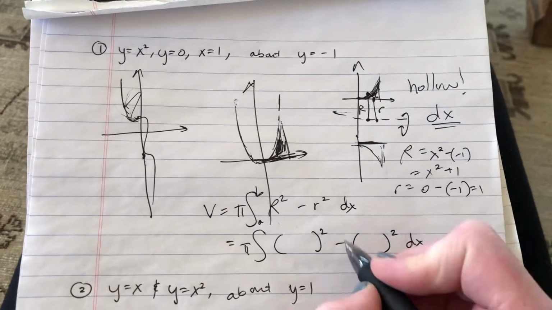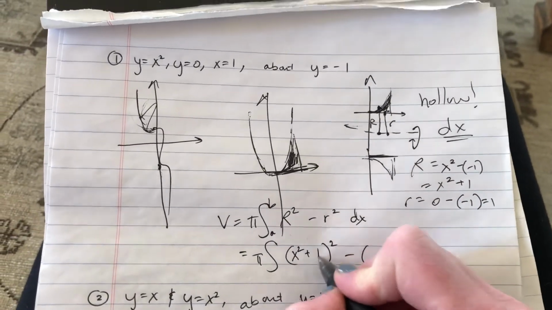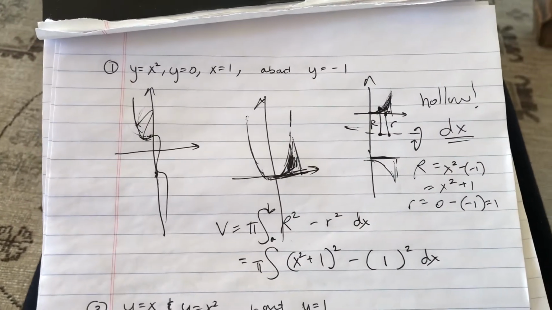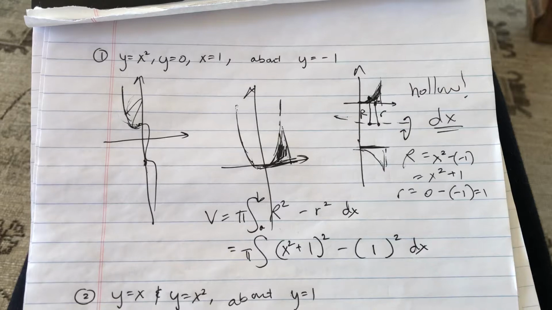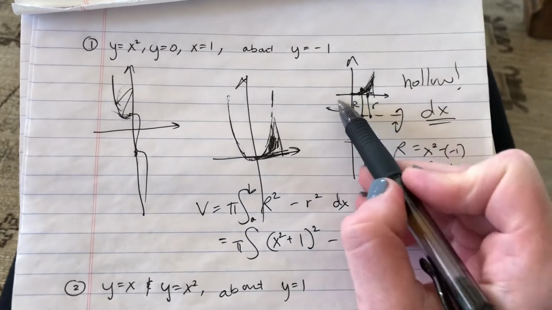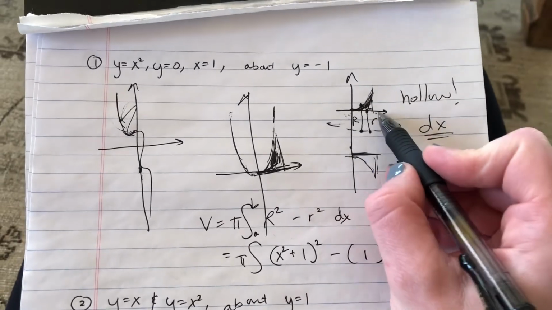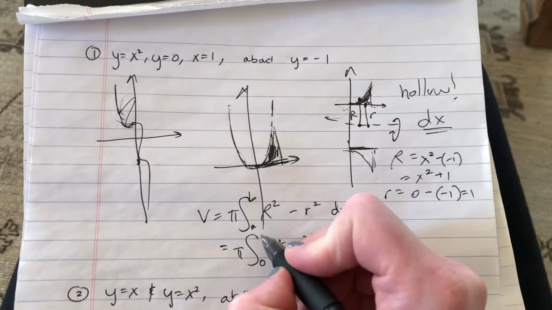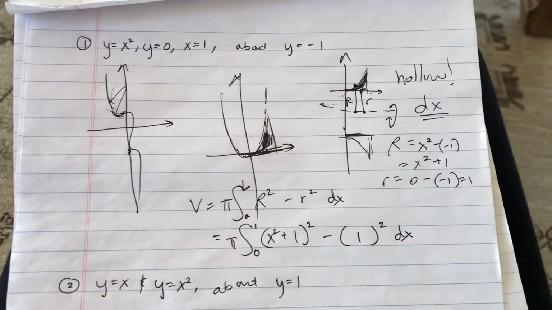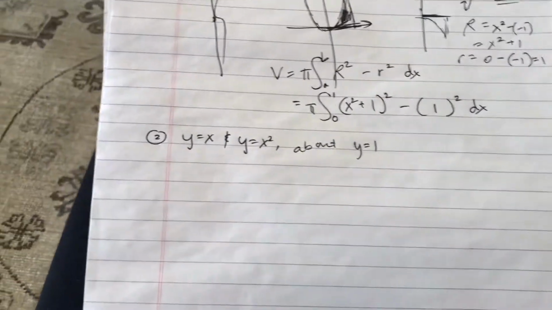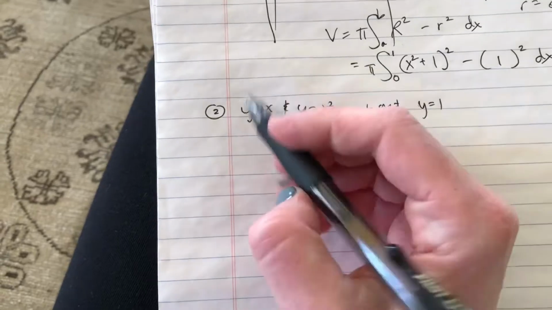Big R is x squared plus 1, so I'll have x squared plus 1 quantity squared minus little r, which is just 1, quantity squared. Everything here is x's, so I check my x-axis for my bounds, and that completes my integral. I'm going to go from 0 to 1. I know you guys know how to integrate, so we're just going to spend most of the time doing setups. The next one is y equals x and y equals x squared about y equals 1.